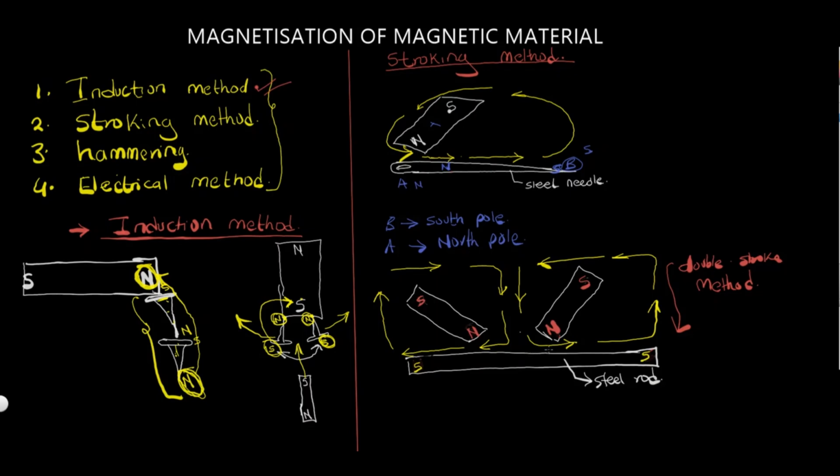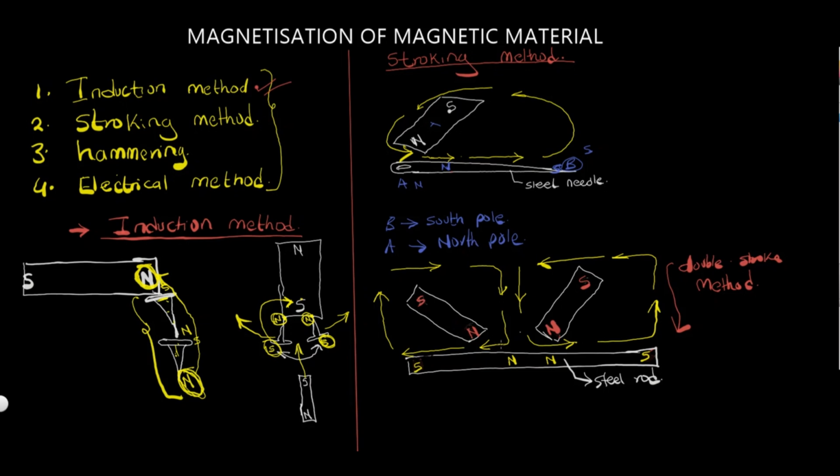Now remember, this part where you start stroking will become the north pole, and this one will become the north pole. So this is the polarity of the magnet if you interchange and use the same polarity of the magnet during stroking. So you will have a magnet that looks like this.